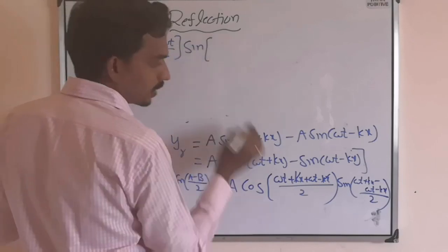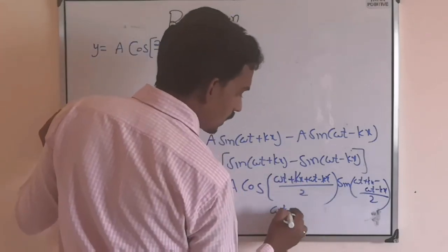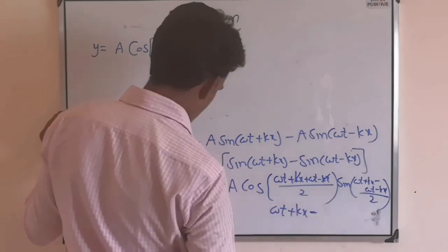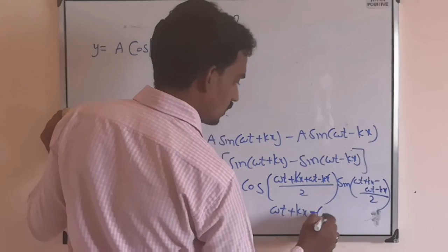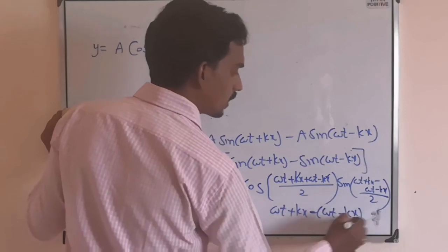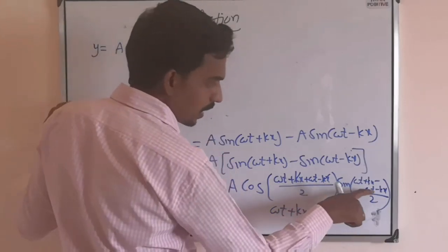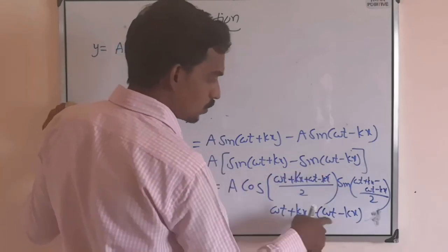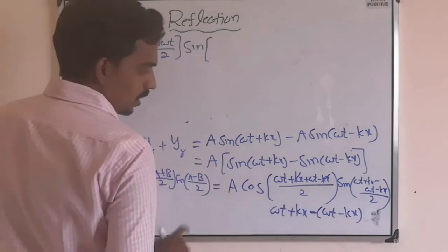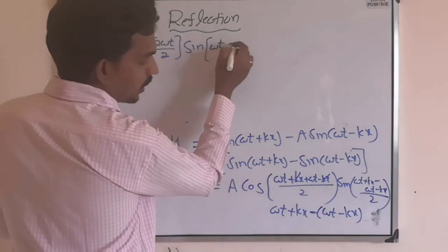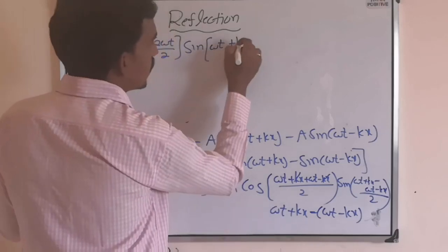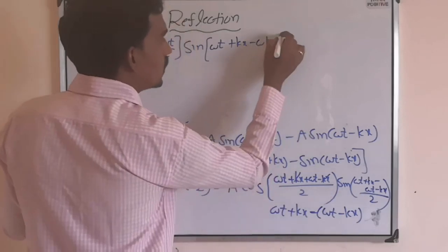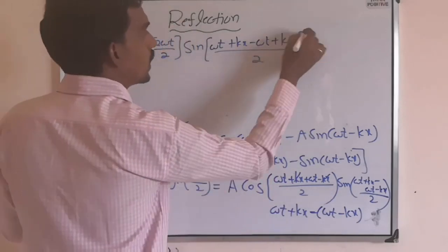For the sine, A minus B is omega t plus kx minus omega t minus kx, divided by 2.